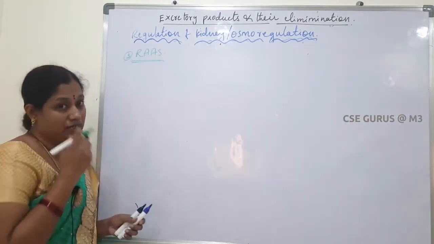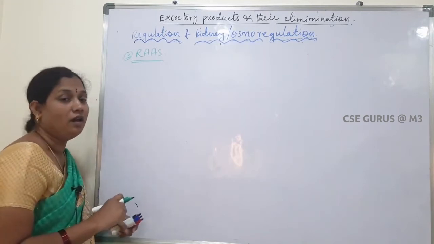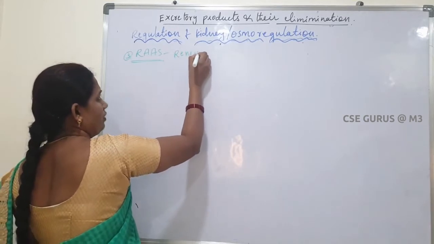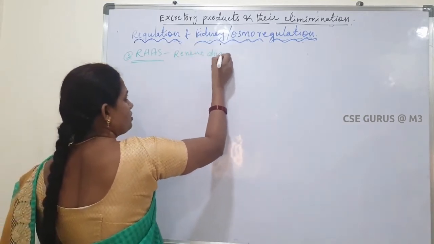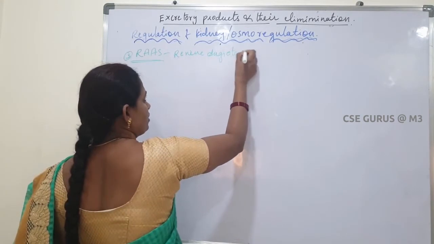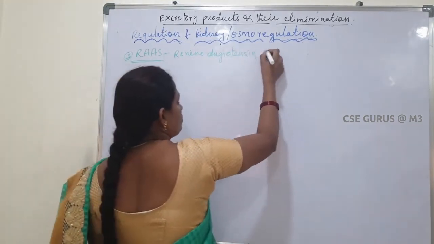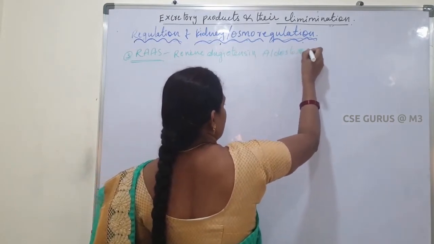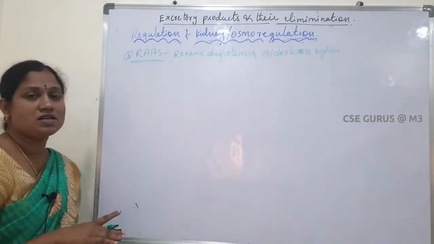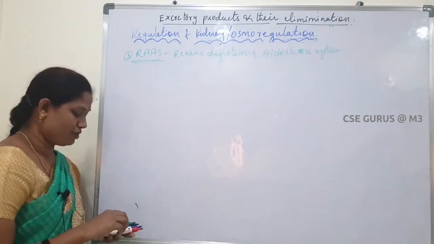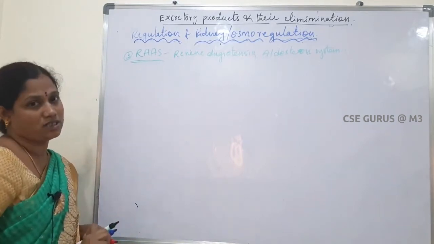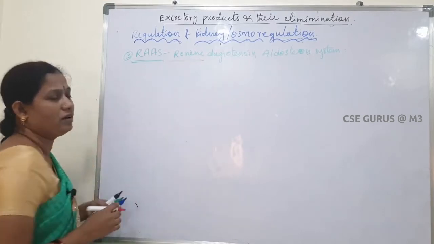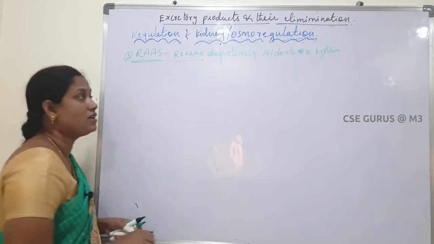The next regulation is RAS. RAS means renin angiotensin aldosterone system.